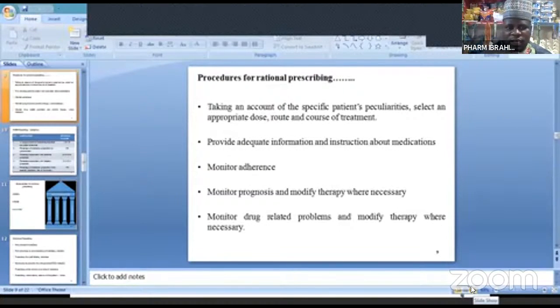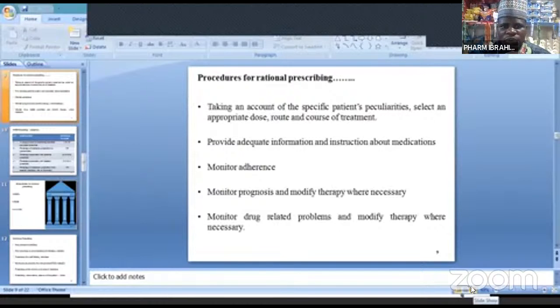So these are the WHO prescribing indicators, which are used by some researchers to assess the impact of an intervention in a particular health facility, or to compare the performance of two or more health facilities. According to this, we have 5 prescribing indicators.